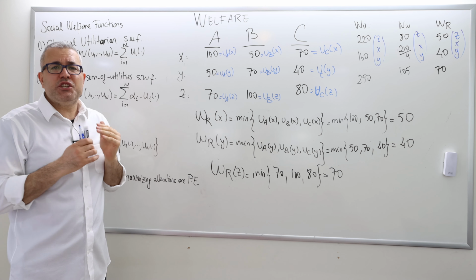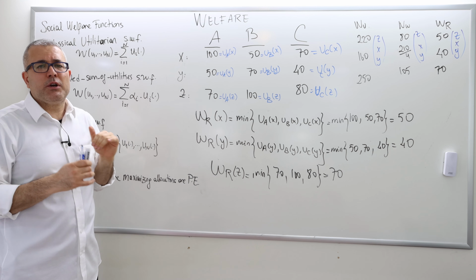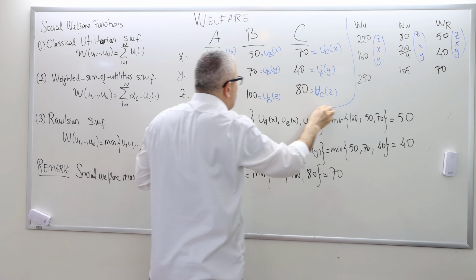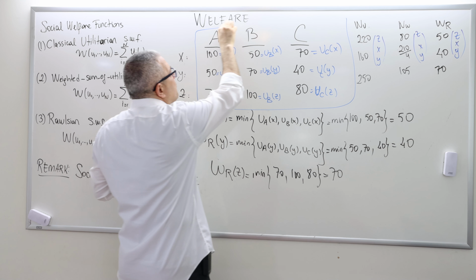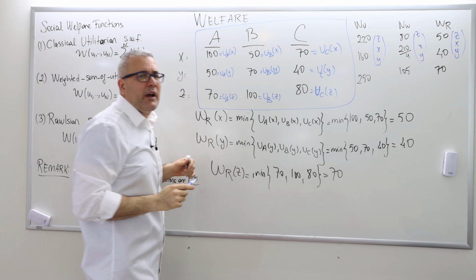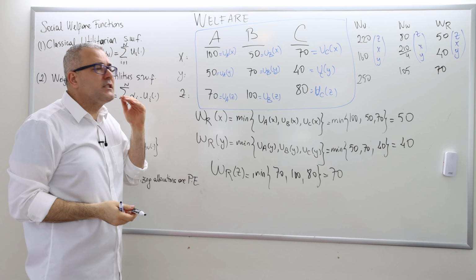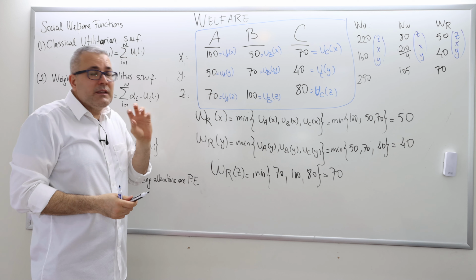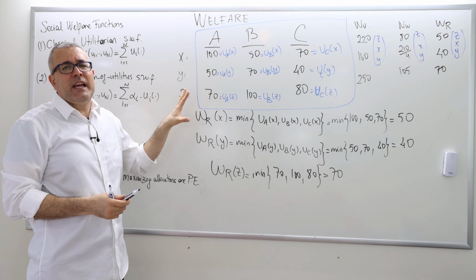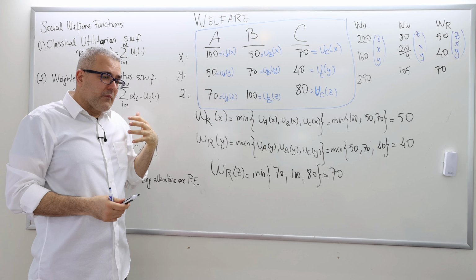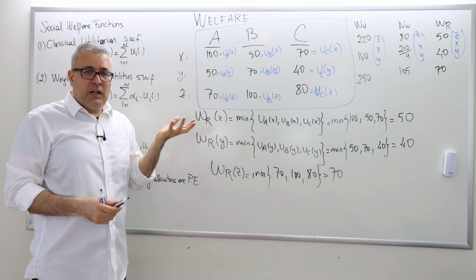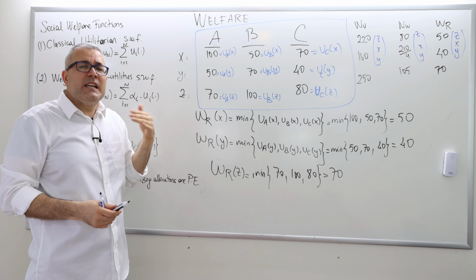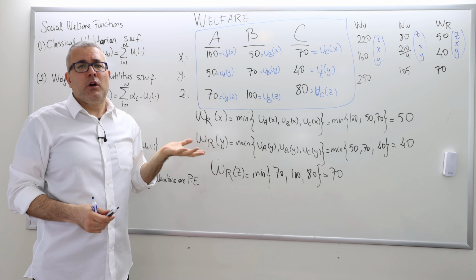Well, how do I check that? Is Z really Pareto-efficient? In order to check this, all I have to look at is the agents' preferences over X, Y, and Z. All right? And so I should ask myself the following question. Let's say I give these agents Z. Is there another alternative other than Z, either X or Y, which is going to make all agents better off?